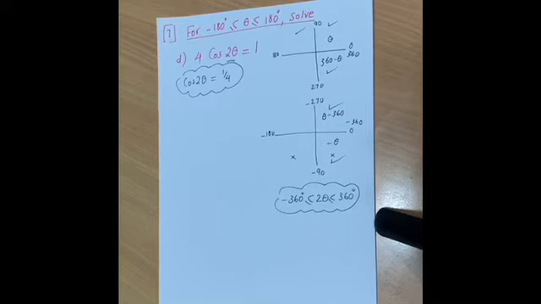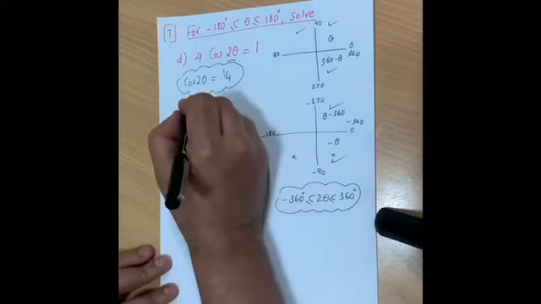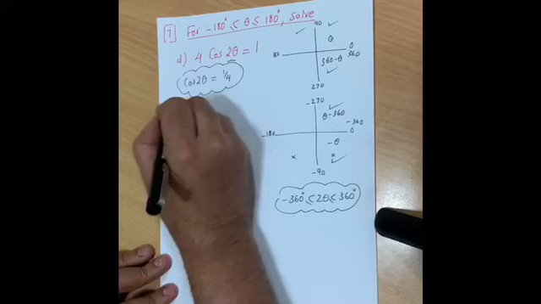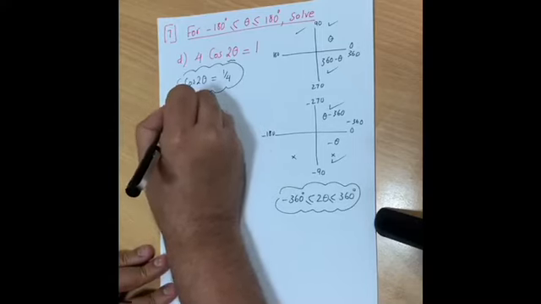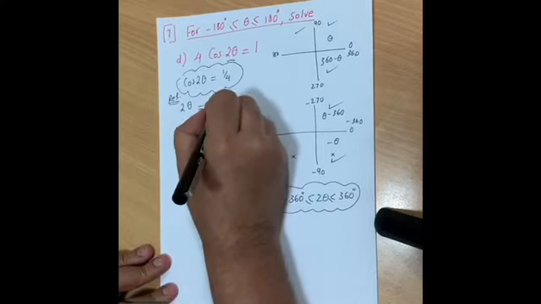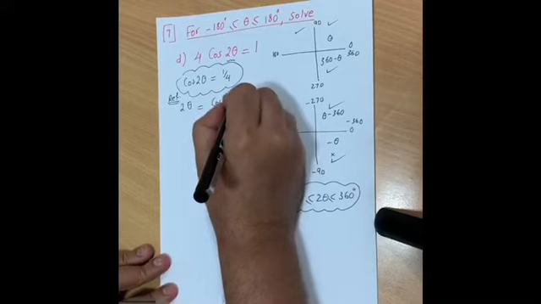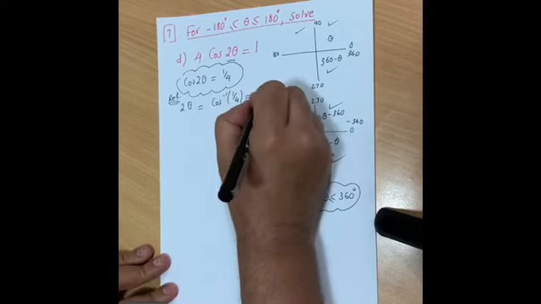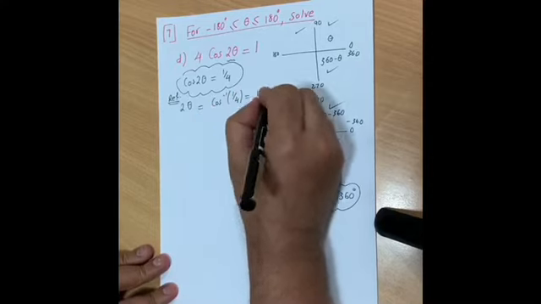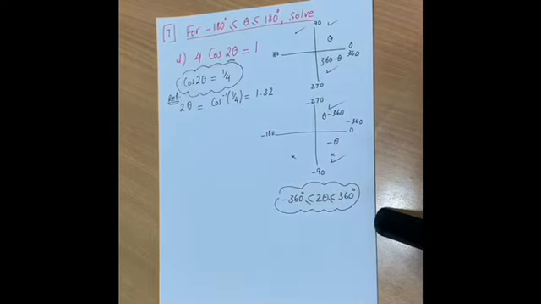Fine. Inverse cosine, using the calculator, inverse cosine of a quarter. But remember, you have to do that in radian. So the answer is 1.318. 2 theta, to find the reference angle, equals inverse cosine of a quarter, which is equal to 1.318, which is approximately 1.32, correct to 2 decimal places.